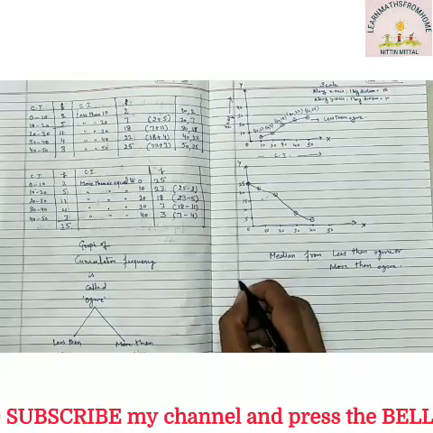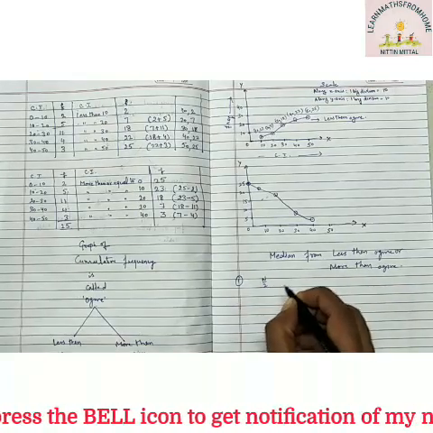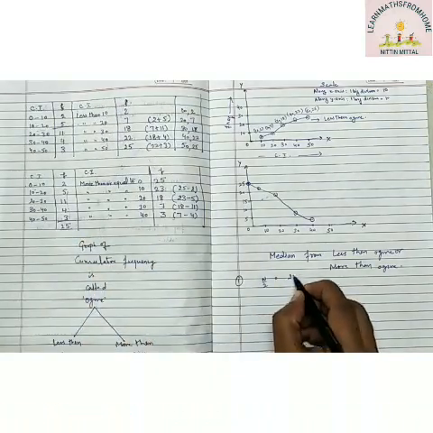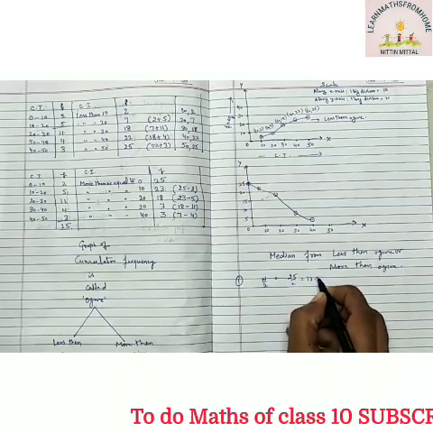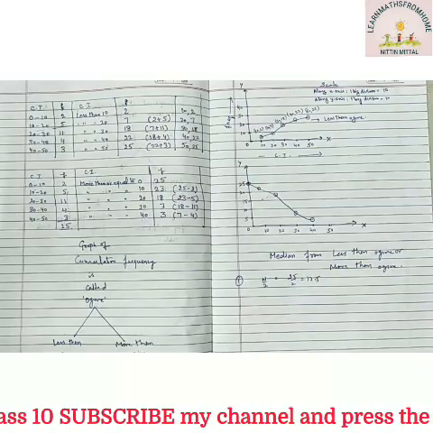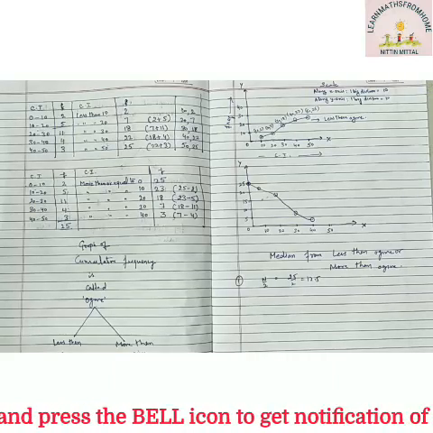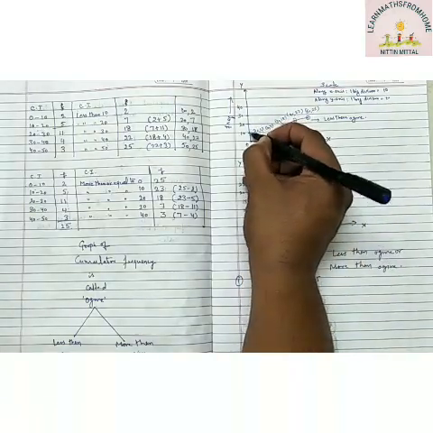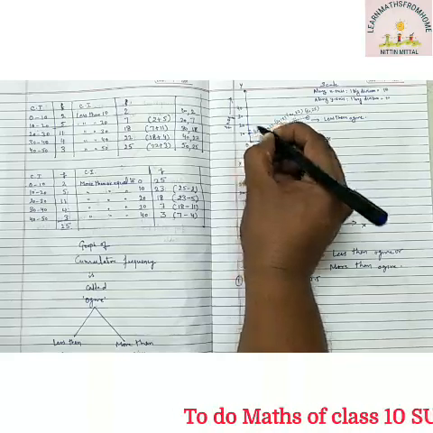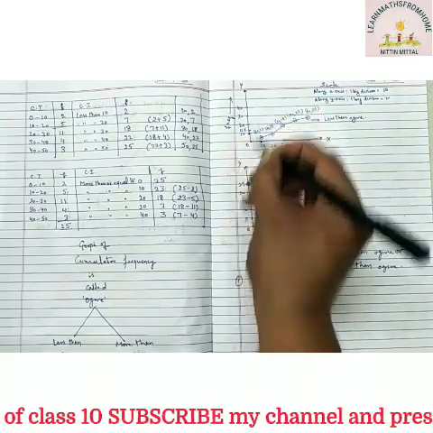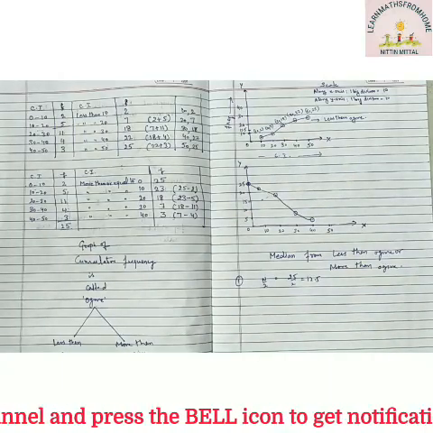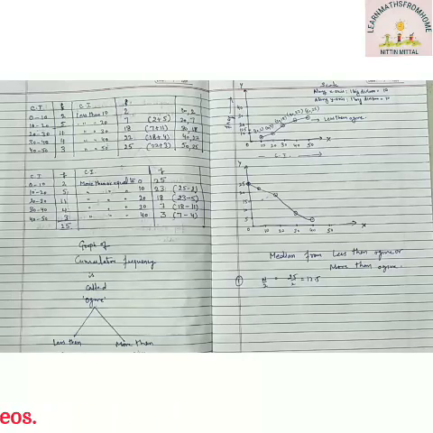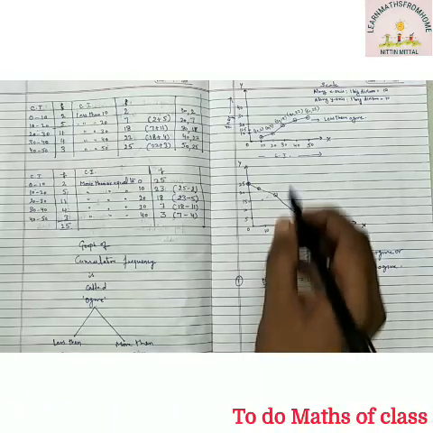Method is step 1, calculate n over 2, where n stands for total of frequency. Like in our case it is 25, so we will calculate n over 2, 25 over 2, that is 12.5. Now plot this value n by 2 on y-axis, like 12.5 will come between 10 and 20, so here will be 12.5. Now we have to see the 12.5 n by 2 value on y-axis, and then we have to draw a line parallel to x-axis until it intersects the curve.